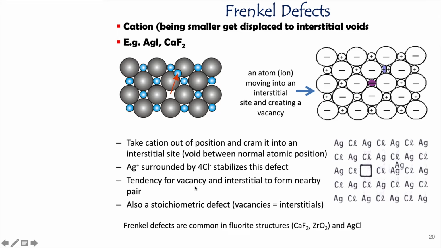For this kind of Frenkel defect, there is usually a tendency for the vacancy and interstitial to form as a nearby pair. Frenkel defects are common in fluoride structures, for example calcium fluoride, zirconium oxide, and silver chloride.